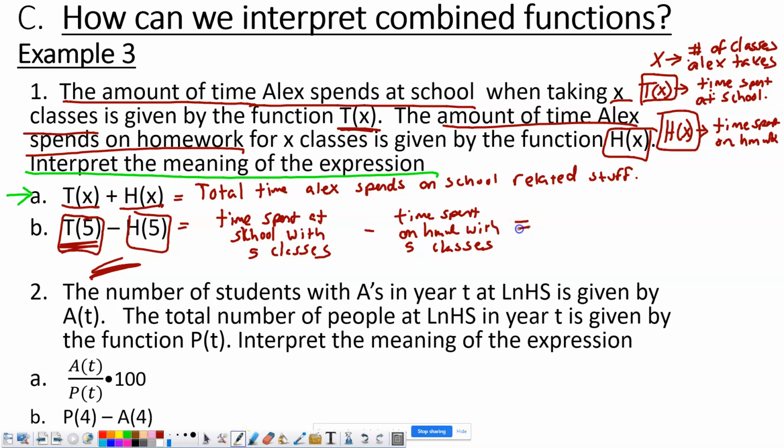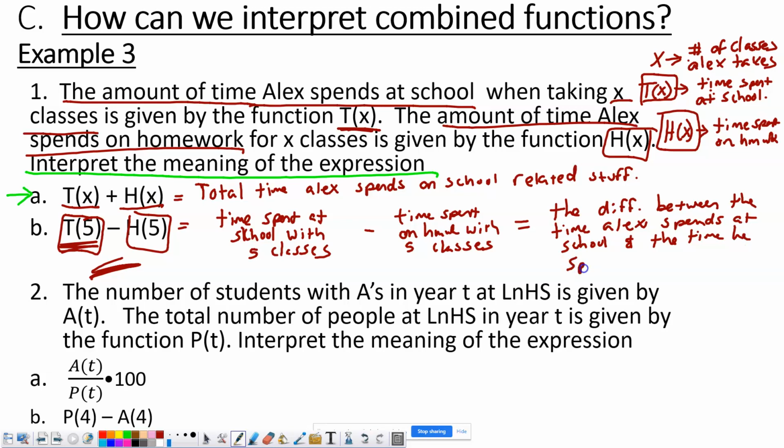So I would say, if you subtract those, it's the difference between the time Alex spends at school and the time he spends on homework when he takes 5 classes.